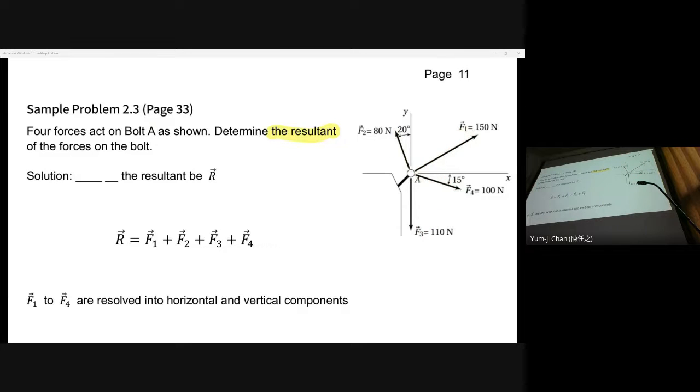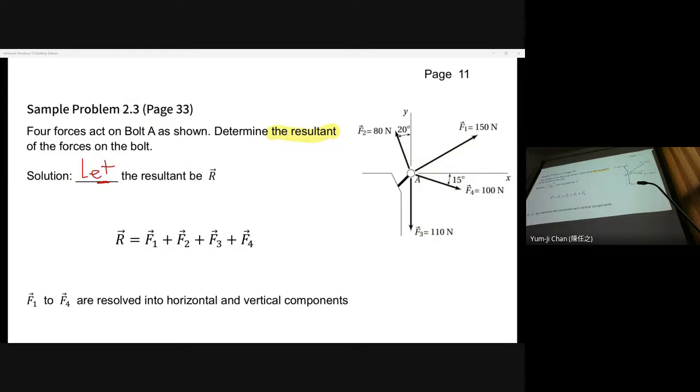And to write the solution, if I give you a question like this, you work on from here. So what do we write here? Let the resultant be R, okay?